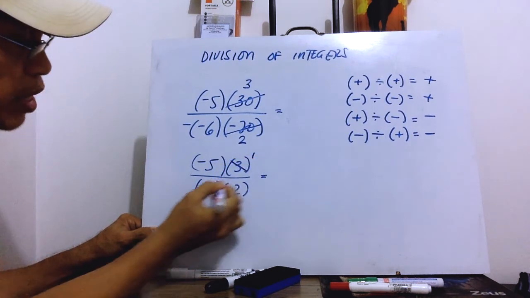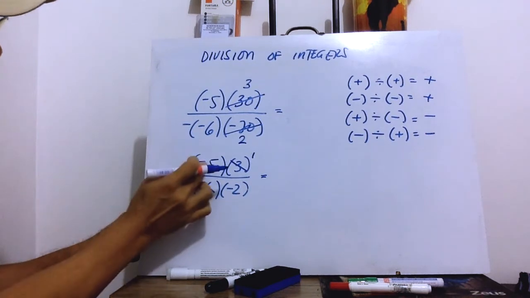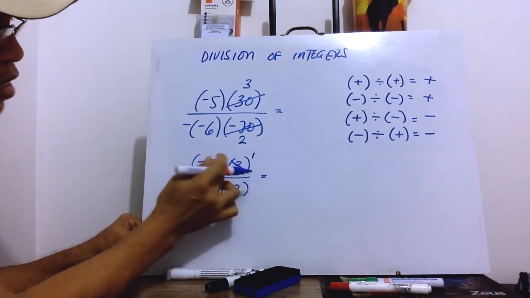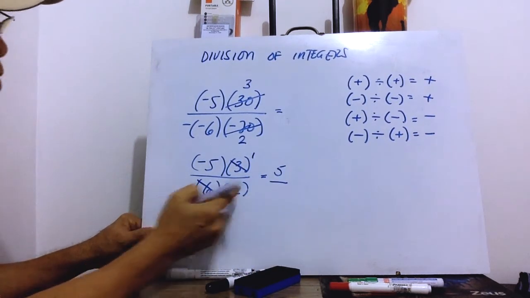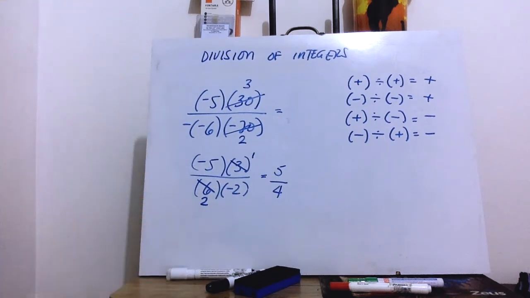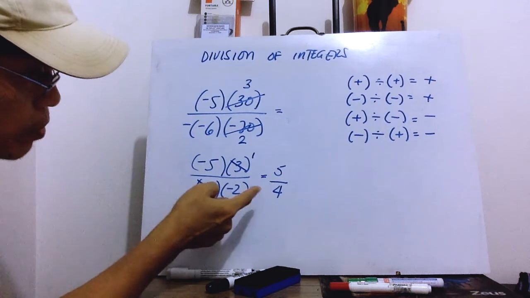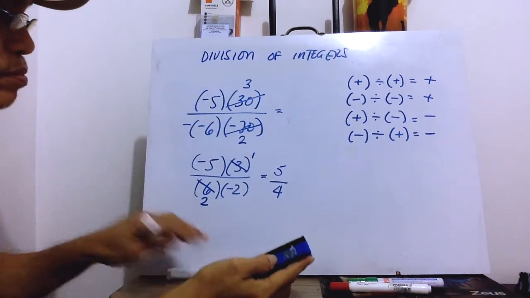This becomes 1. I can divide this by 3. This becomes 2. So my final answer is -5. No, forget about the negative sign because we already cancelled it. It's 5 times 1 is 5 over 2 times 2, 4. There. So the answer is 5/4 or 5 over 4. All right? Check. Yep. All right. There. Okay. One last example.